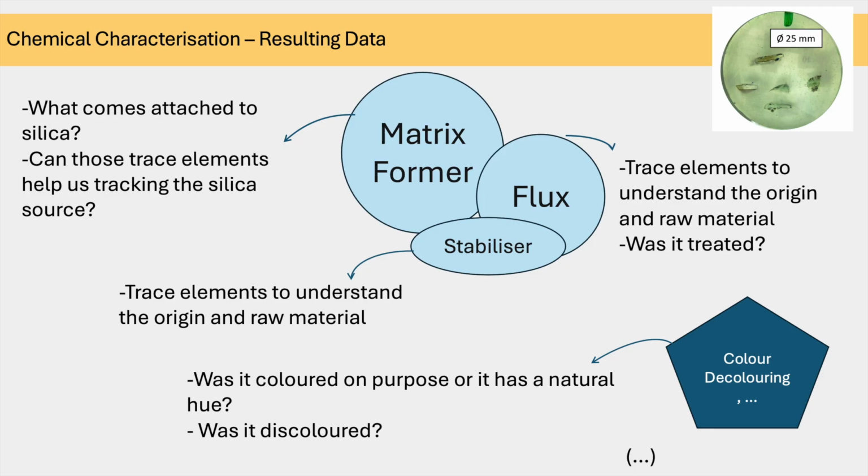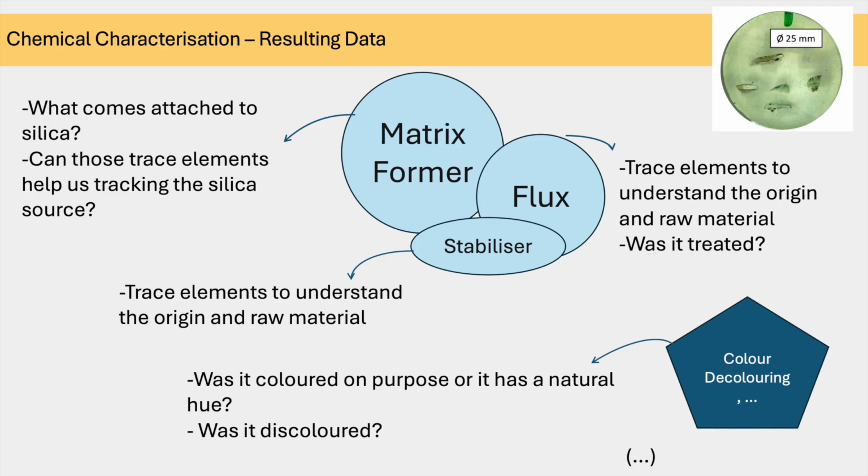Once we have this, these are some of the questions we ask when looking at a glass chemical composition. What is coming attached to the silica? Those elements can help us trace back the silica source. When we look into the flux, for instance, we will also be looking for trace elements to understand the origin of the raw material, and also if it was treated or not.